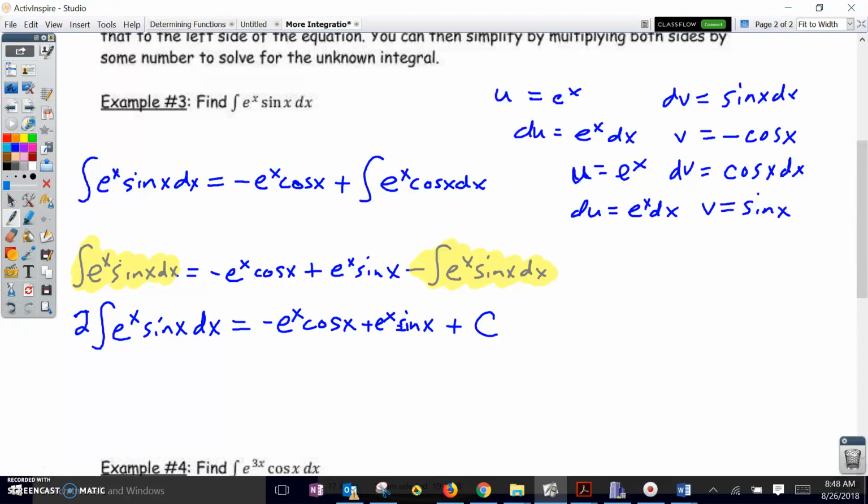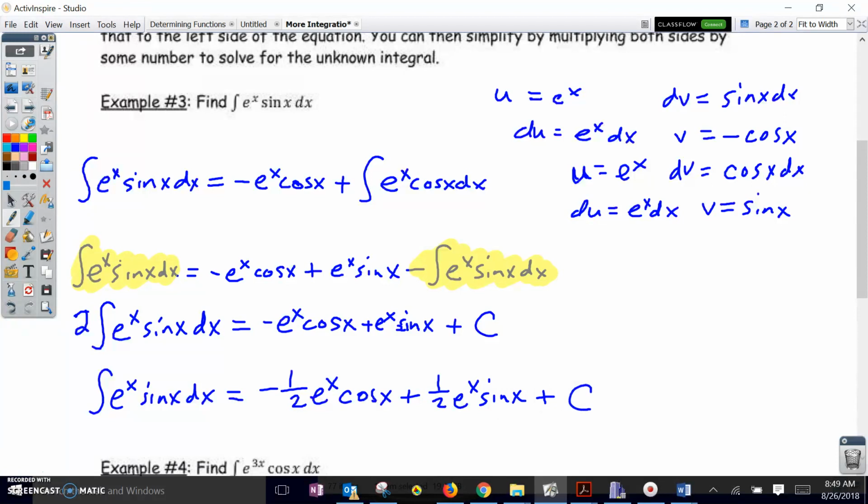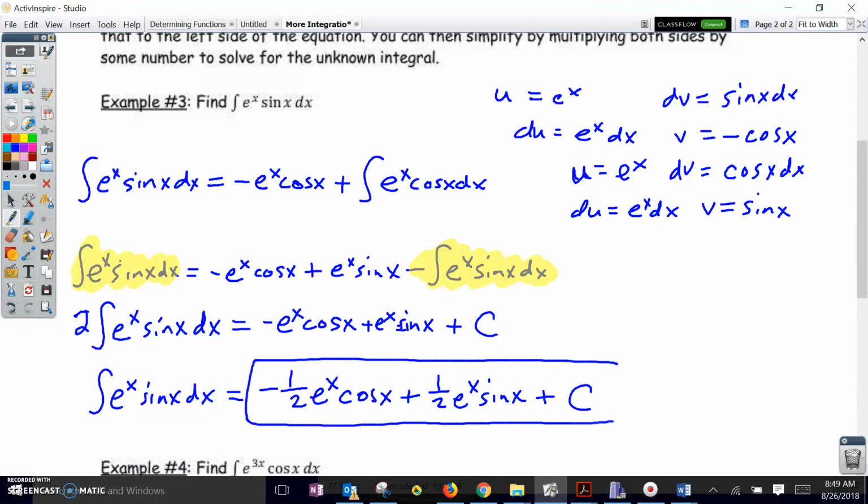Now, the last thing I need to do to find the value of my original integral is divide both sides by 2. And so I'll divide this side by 2, and then I divide the right side by 2, and there's the value of the integral that I'm looking for, the integral of e to the x sine of x.